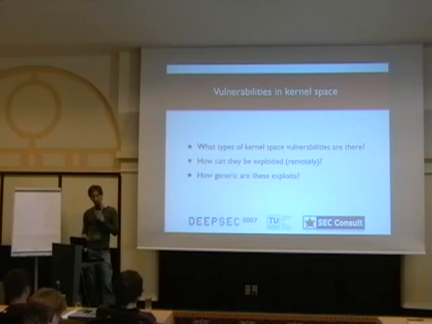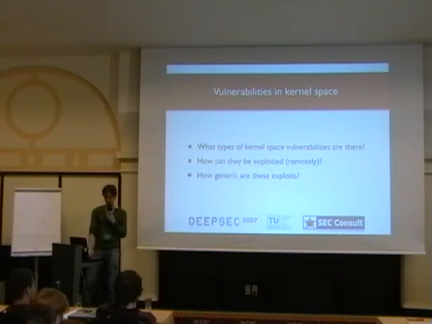And also, we asked ourselves, how generic could these exploits be? Could we just come up with an exploit and put it into Metasploit, for example, so that if our fuzzer finds a vulnerability, we would be able to adapt a few parameters and have a working exploit? That would be really nice.